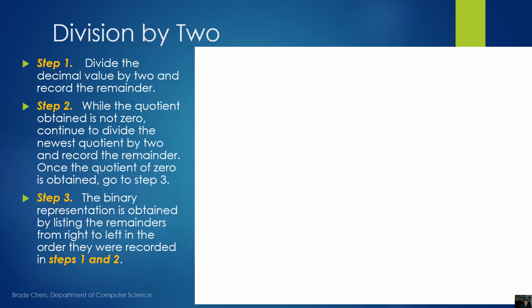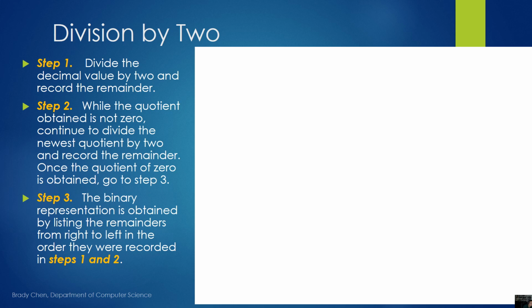Now here are the steps for the division by 2. If we have a decimal number, then in step 1, we divide this value by 2 and record the remainder.